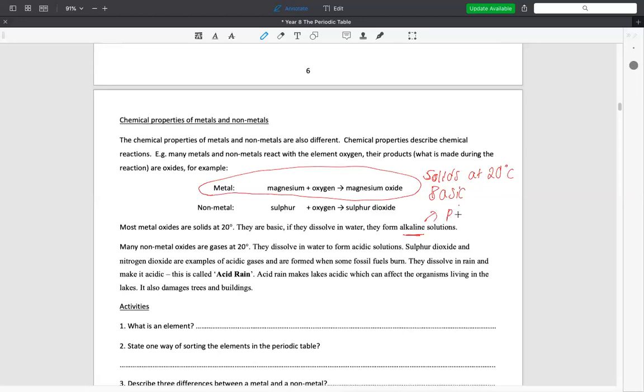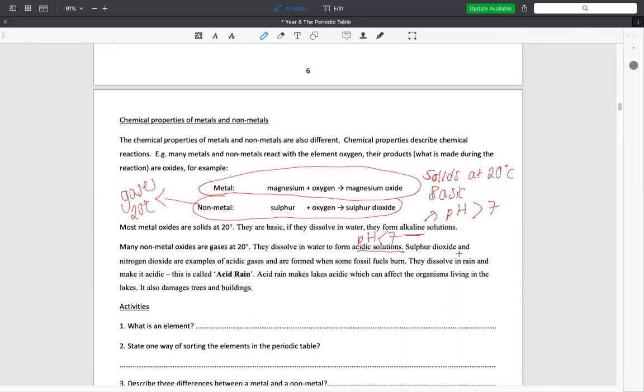Alkaline solutions have a pH of more than 7. And non-metal oxides, the ones at the bottom, are usually gases at 20 degrees Celsius. When they dissolve in water, they form acidic solutions, and acidic solutions will have a pH of less than 7.